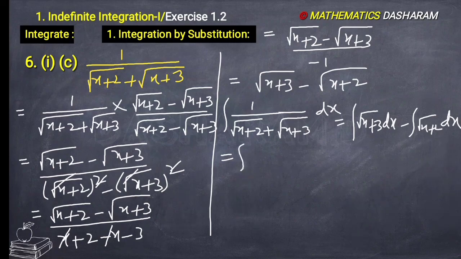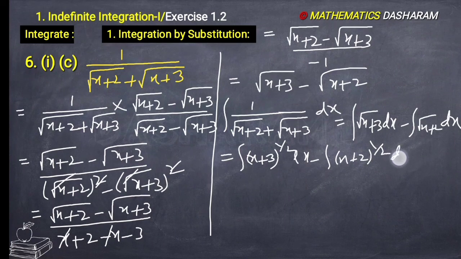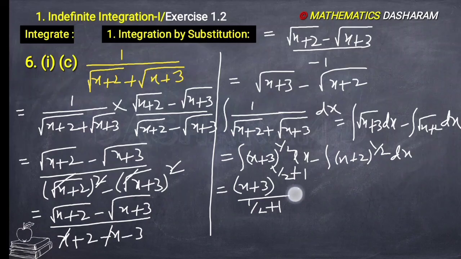So integration of root(x+3) can write as (x+3)^(1/2), and the second one also same, (x+2)^(1/2). So then x to the power of n formula here: (1/2+1) by (1/2+1) and divide with derivative of x plus 3, that is 1 plus 0.